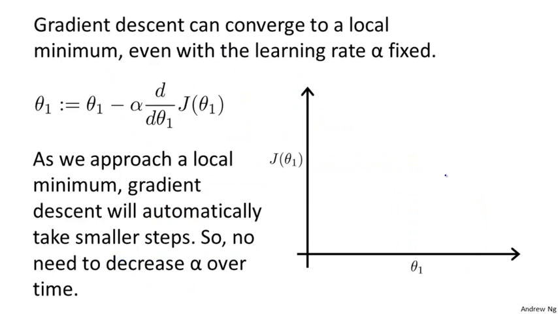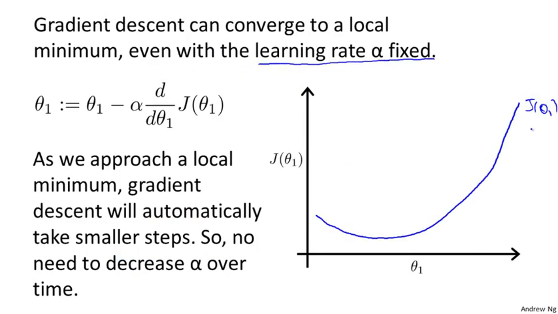This also explains why gradient descent can converge to a local minimum even with the learning rate alpha fixed. Here's what I mean. Let's look at an example. Here's a cost function J of theta that I want to minimize. Let's say I initialize my gradient descent algorithm out there at that magenta point. If I take one step of gradient descent, maybe it'll take me to that point, because my derivative is pretty steep out there.